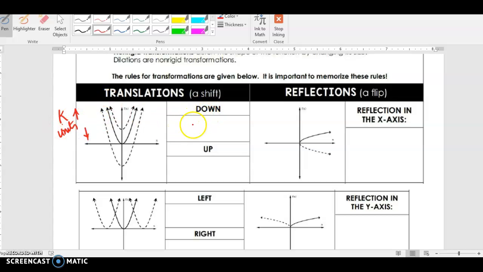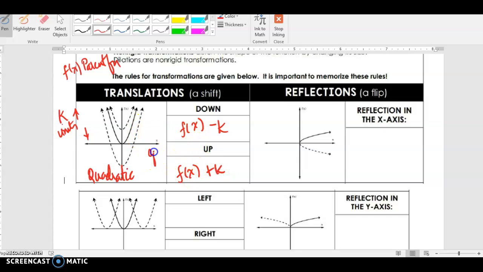If it is down, then f of x, if you call f of x the parent function, in this case a quadratic function, is going down, then you would write f of x minus k. If it is going up, it is f of x plus k.